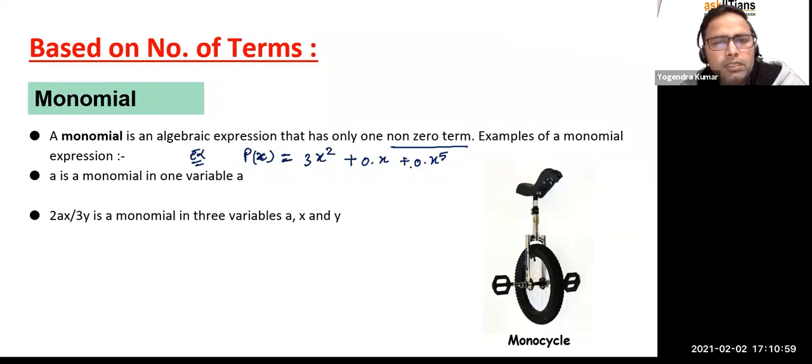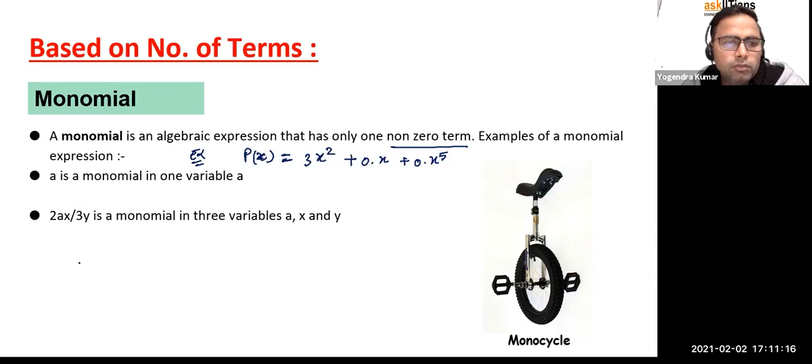And there is one term. These are all 0 times, so they will all become 0. So the non-zero terms are only 1, and that is the deciding factor, whether it is a monomial, binomial or trinomial, right? Is 2a a monomial in one variable a? Yes.